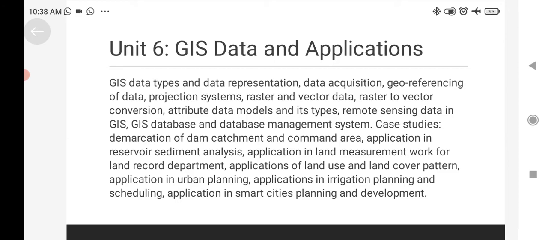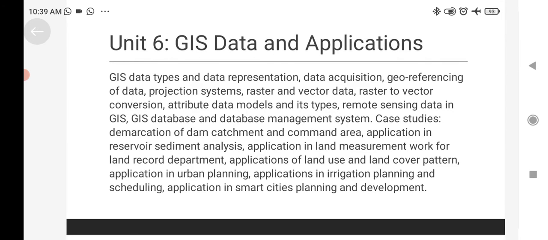Case studies in that topic are demarcation of dam, catchment and command area, application in reservoir sediment analysis, application in land measurement work for the land record department, application of land use and land cover pattern, urban planning, irrigation planning and scheduling, and smart city planning and development. These are all covered in unit number 6.